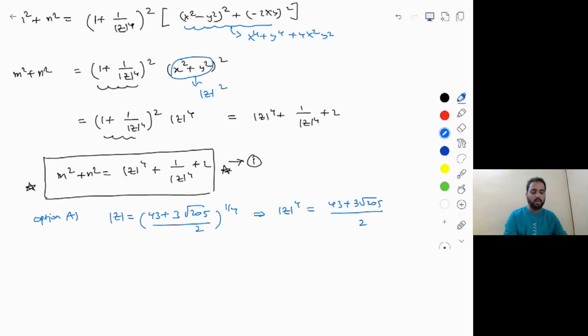Now you have to take this value of mod z whole to the power of 4 and substitute back in equation number 1. So let us do that, from which you'll get m square plus n square is equal to.